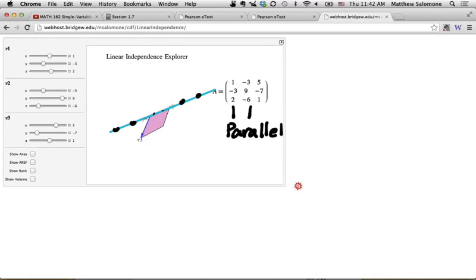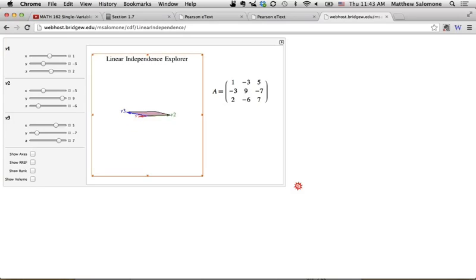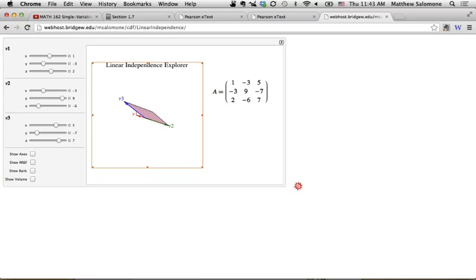Which means that no matter how hard I try, by adjusting this last component of v3, so changing the h is just kind of changing this around. But don't be fooled by the perspective. Even when I put this at about 7, still all I'm doing is spinning that third vector around the line formed by v1 and v2.